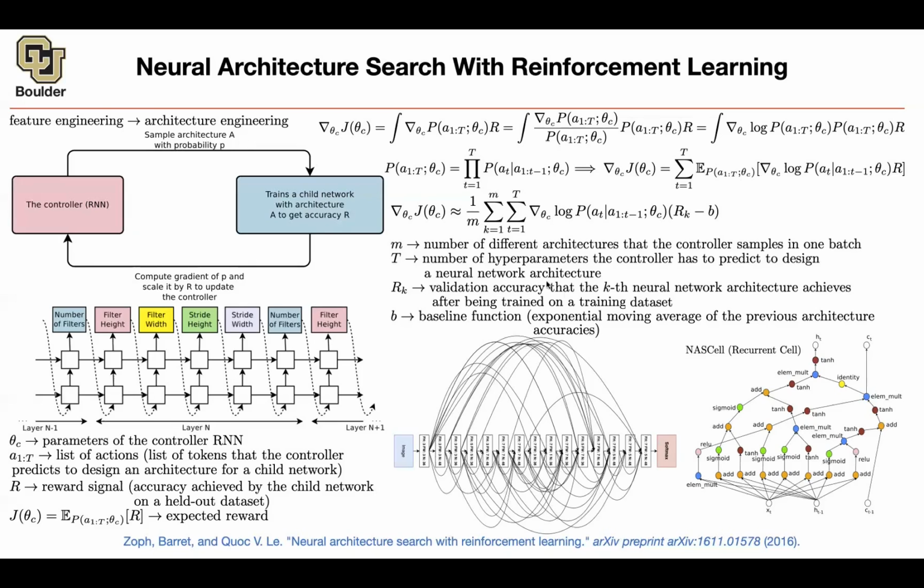Any other questions? What are the C neurons in this recurrent cell displayed? What do you mean? The C subscript t-1 and the C. Oh, yeah. This is inspired by LSTMs. For LSTMs, not only do you have a hidden layer, you also have some memory cells. Because there is this problem with recurrent neural networks that you cannot go back too many iterations in the past, because the length of a recurrent neural network is directly specified by how many time steps you have.